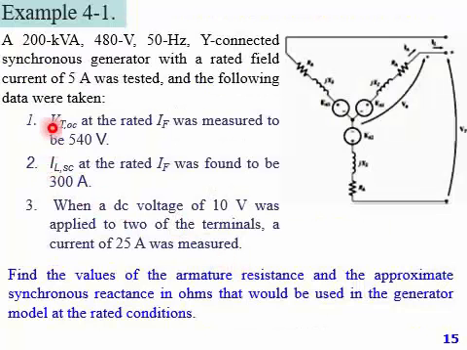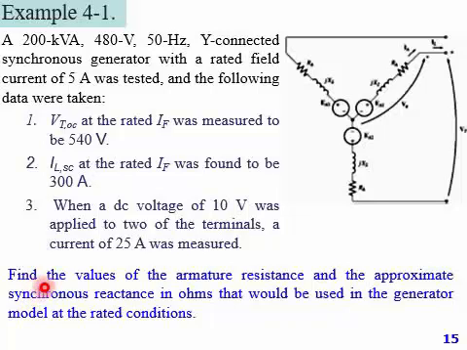Now we take a look at example 4.1. In this example, a synchronous generator is given with Y connected circuitry, and some parameters are given: V t at rated I F, then I F L and I F given when a DC voltage of 10 volts is applied, so a current is given.